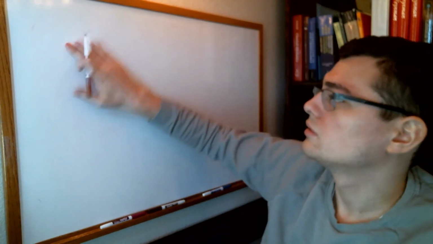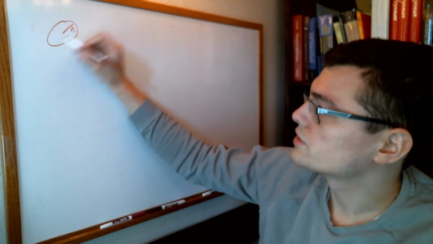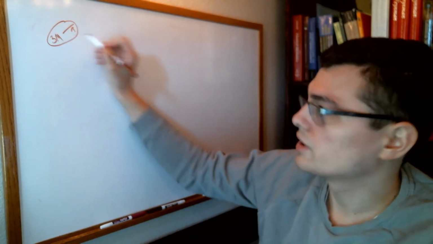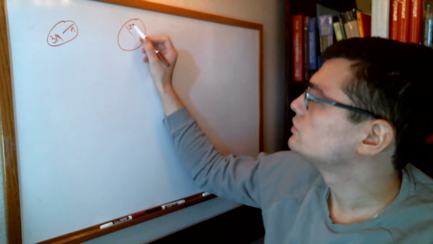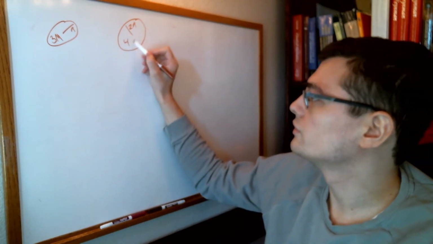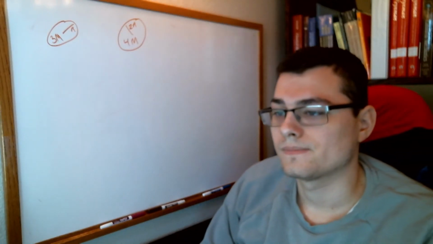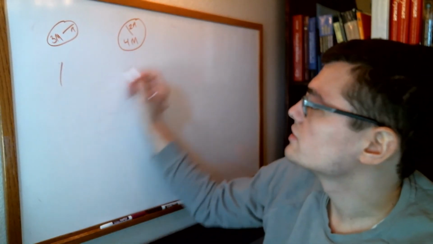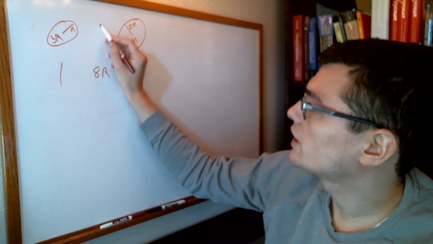Okay, so let's just draw this out actually. So this has radius r, mass of 3m. This has a radius of 2r and a mass of 4m. And they're separated by a distance of 8r, and there's an object halfway in between them.